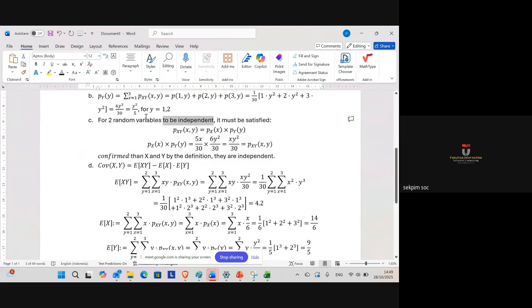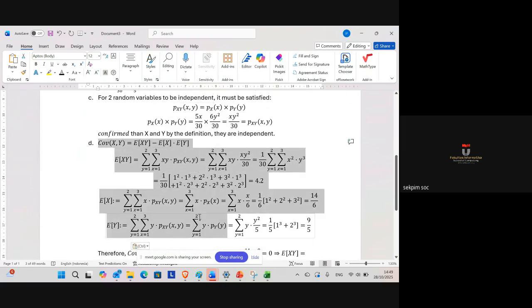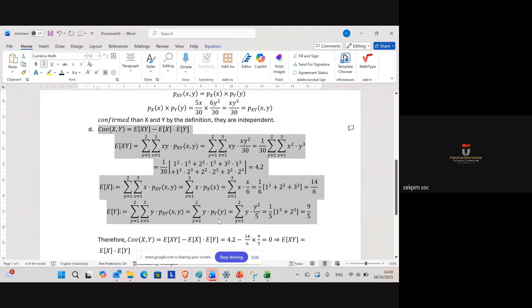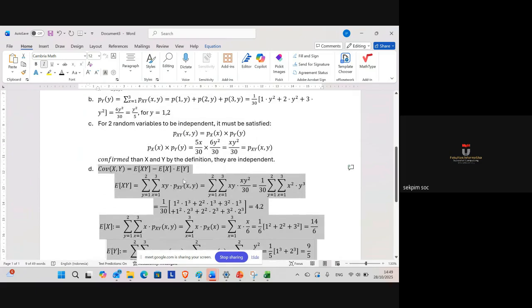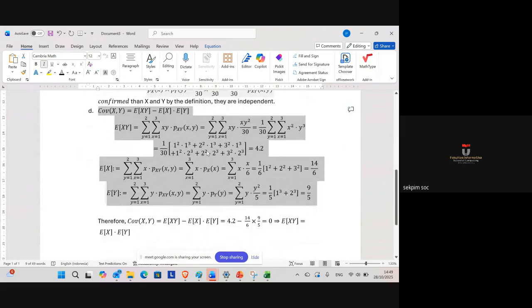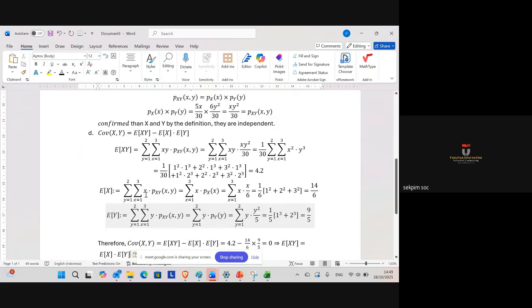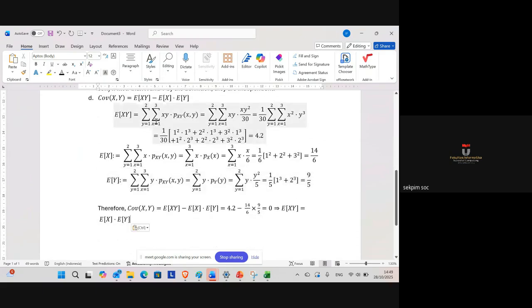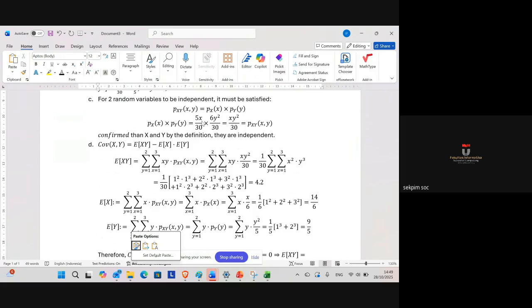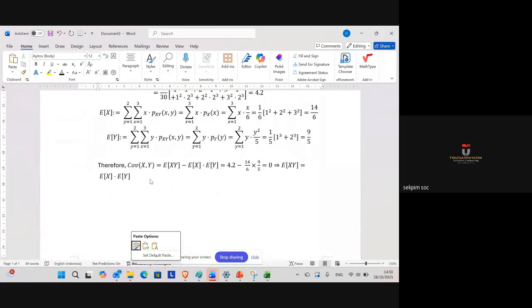So if we know that the two variables are independent, you don't need to calculate this; this is for confirmation. You don't need to compute the covariance because if they are independent, the expectation of xy will be equal to the expectation of x times the expectation of y, which implies independence of the two variables. So if we know that they are independent, the covariance should be 0.